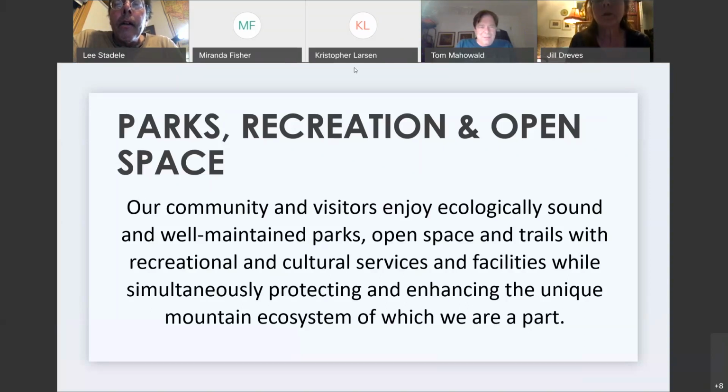Looking at words that could be stricken, is simultaneously necessary? Probably not. Seems like it could go. Maybe. Well, enhancing the unique. Yeah, it's tight then. It really is. It's well crafted.